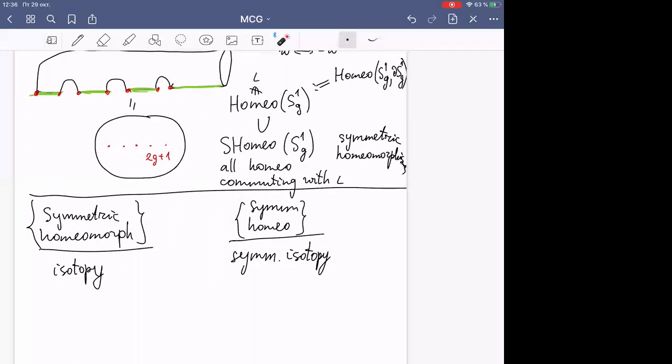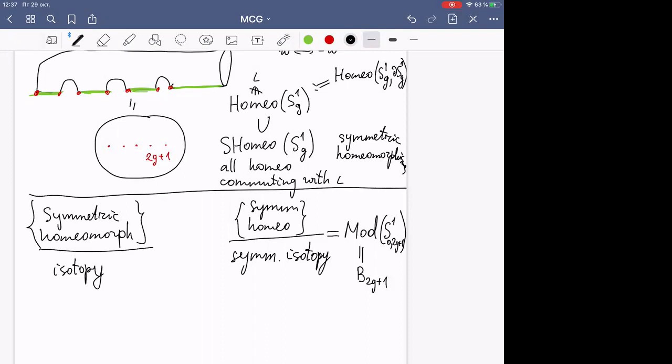A simple thing is that when we consider symmetric homeomorphisms up to symmetric isotopy, this is the same as the mapping class group of the surface below, and hence this is the braid group. Why?